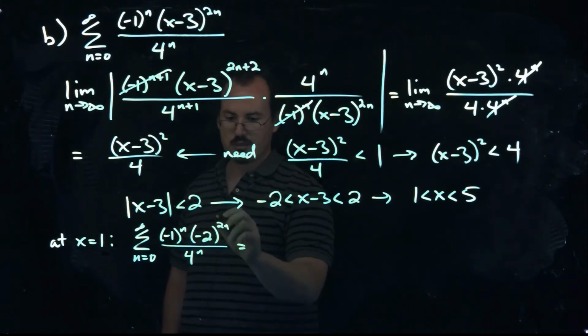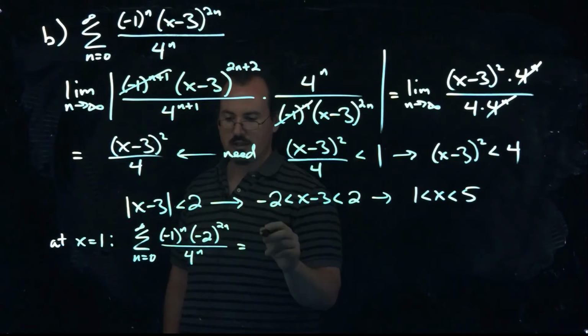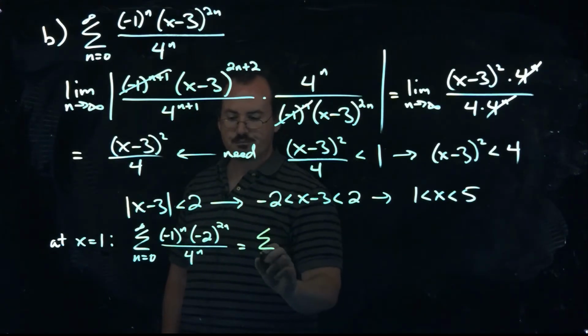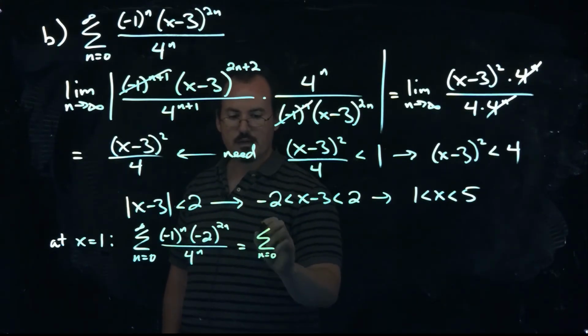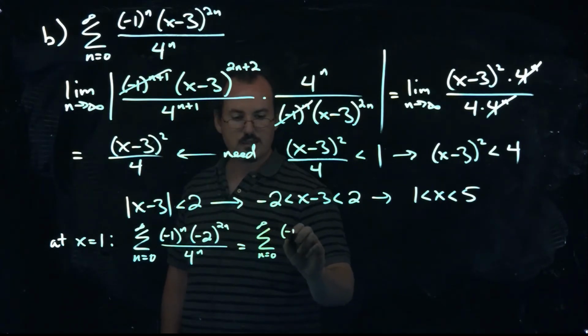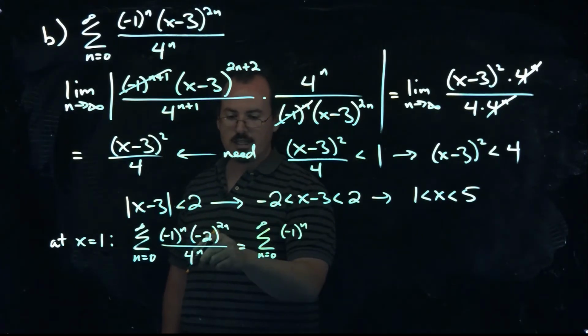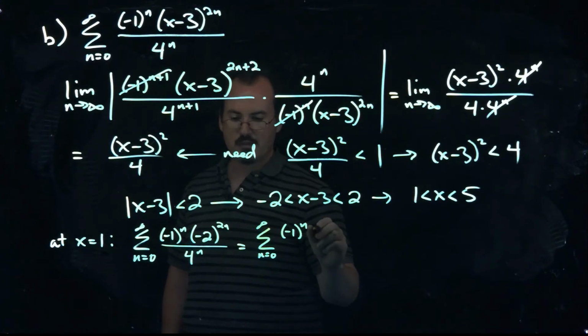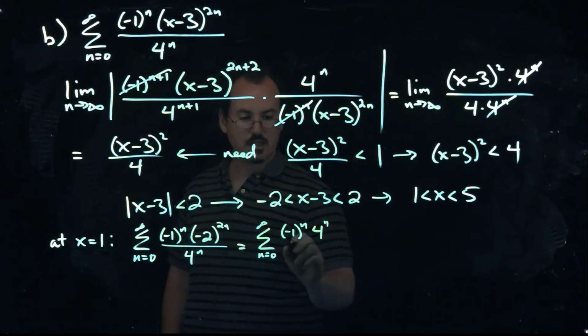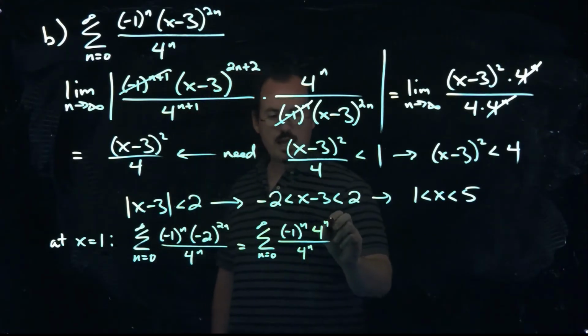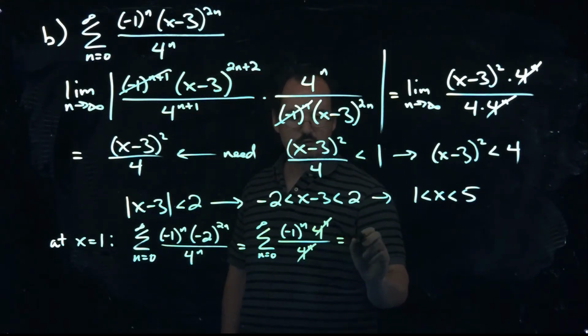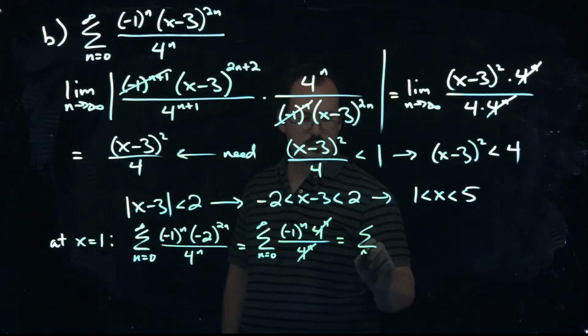So in other words, I could put parentheses around just that part there, and it'd be minus 2 squared to the power of n. So what we get after we actually do that squaring, we're going to get a minus 1 to the n. It stays there. Squaring that negative just makes it positive. So I'm going to be left with 4 to the n there after squaring that. And then I got 4 to the n here. Notice what happens here. These cancel, and all I'm left with is just this. Negative 1 to the n power.